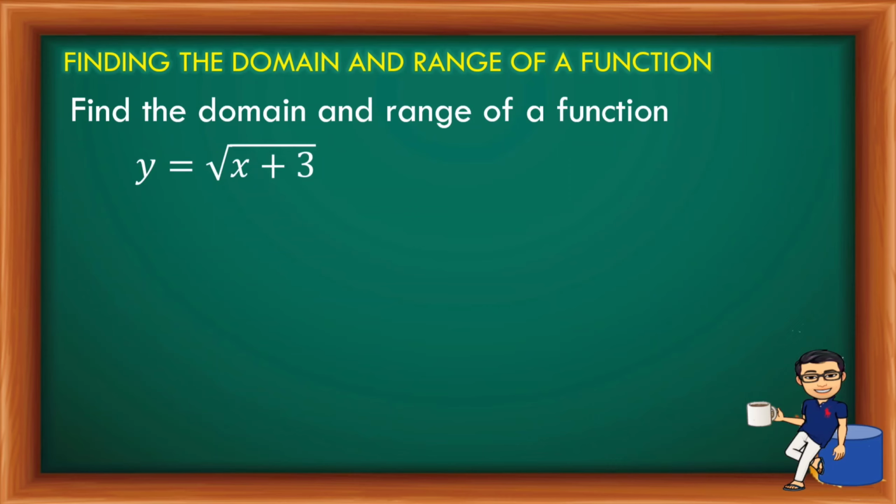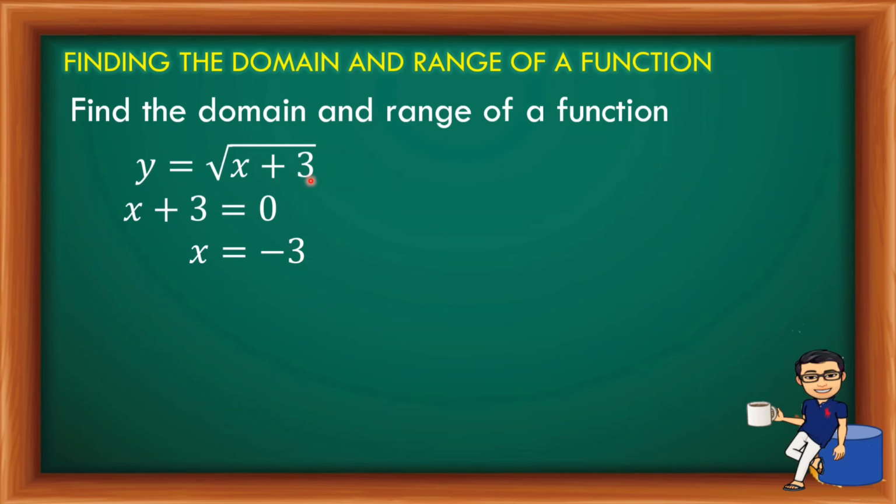Paano kung ito na? Y is equal to the square root of x plus 3. Para makuha natin ang domain muna tayo. Same kanina, solve natin yung x dito, para malaman natin alin lang yung mga pwede sa x. Para masolve ang x, equate natin ito sa 0. Ililipat natin ito doon. Kaya x is equal to negative 3. Ibig sabihin yung negative 3 pwedeng ipalit.